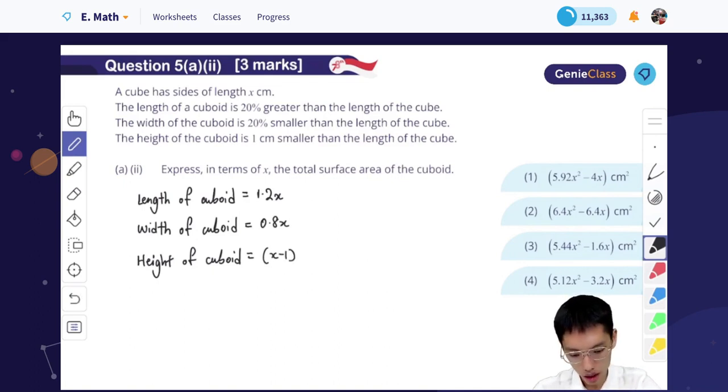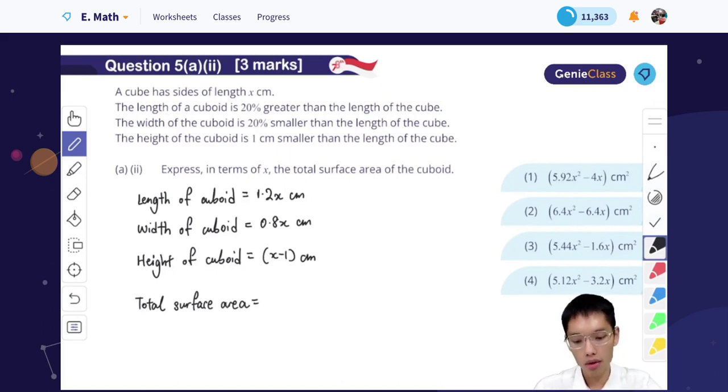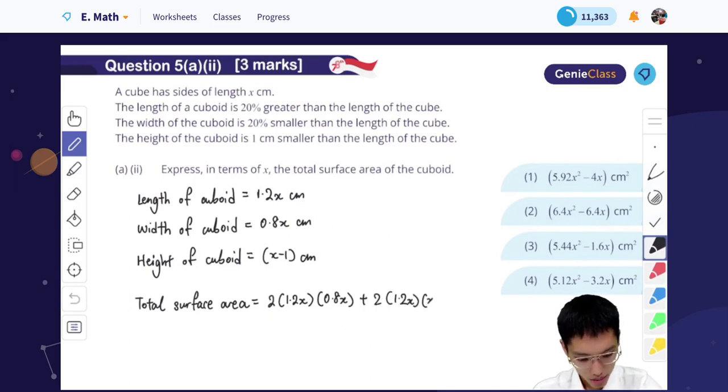Once you get all this down, we can take note of the total surface area, which in this case is 2 of LB, so 2 of 1.2x times 0.8x, plus 2 of 1.2x times (x minus 1).